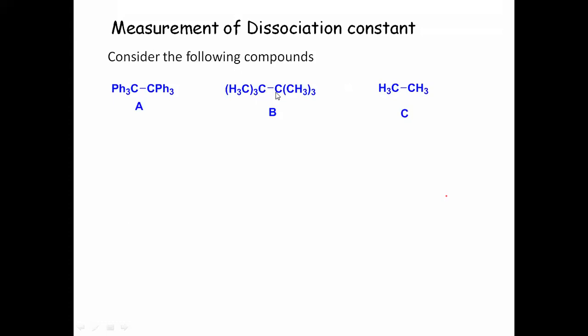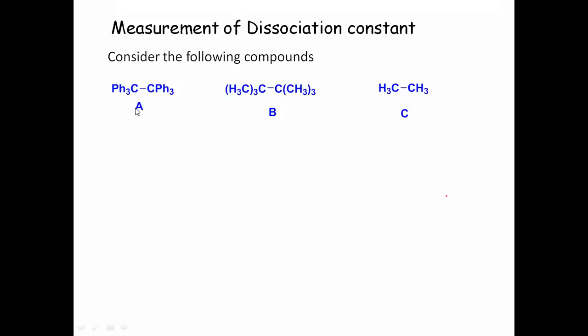In the next example, B, we have replaced all three hydrogens by three methyl groups. You see, these two carbons are there, carbon single bond carbon. These three hydrogens are replaced by three methyl groups, one methyl here, here, here. And this side also, we have replaced these three hydrogens by three methyl groups.